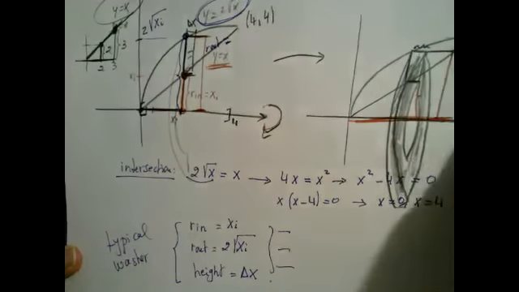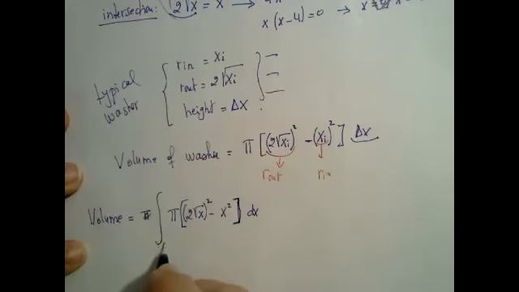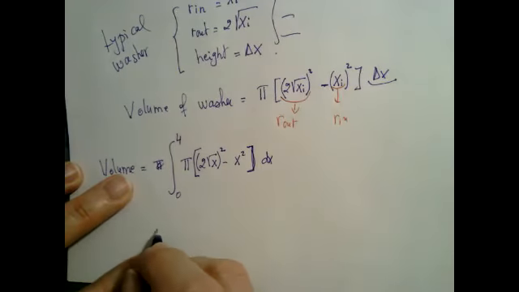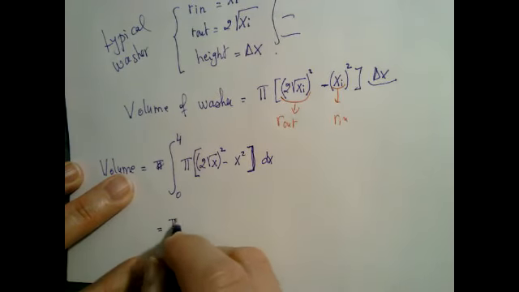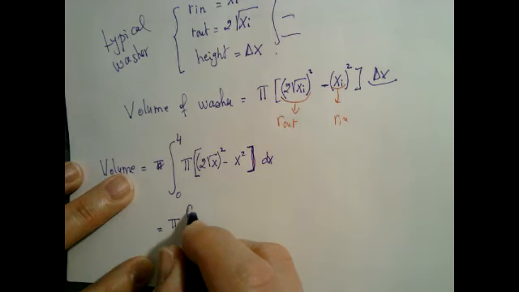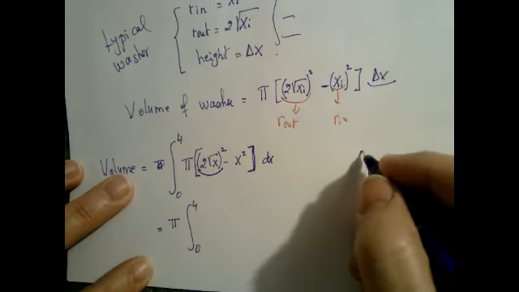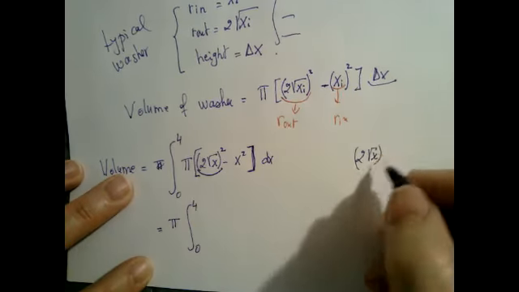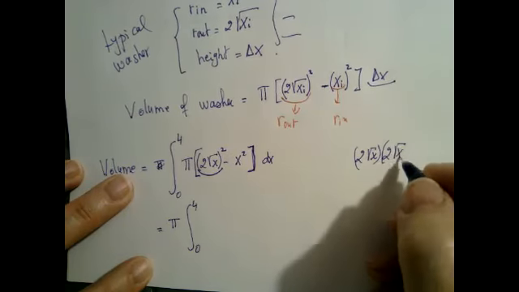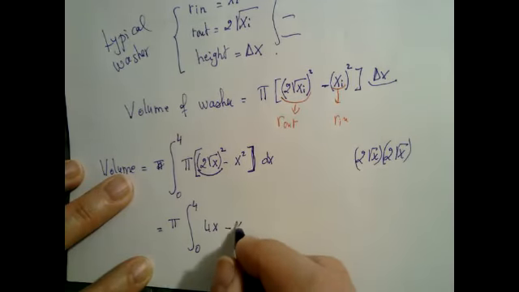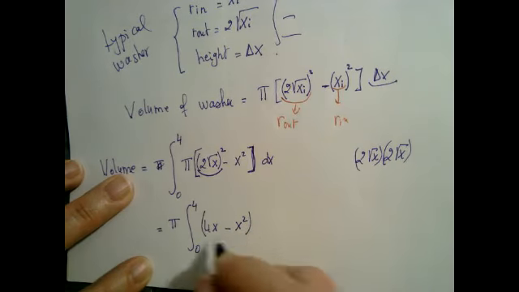And the integral has to go from 0 to 4. So finally, this is equal to pi, a constant, get it out, integral from 0 to 4 of (2 square root of x) squared, which means 2 root x times 2 root x. This gives me 4x minus x squared, the whole thing dx.